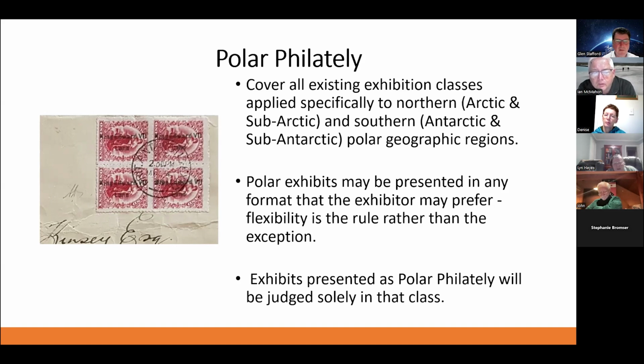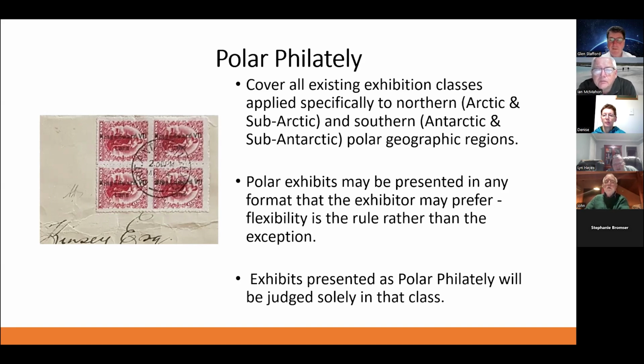It's not quite so popular now, but there is a polar society still in Australia. And a couple of the overseas exhibitions have had what they call polar salons, where they've got an exhibit class specifically aimed at polar exhibits.